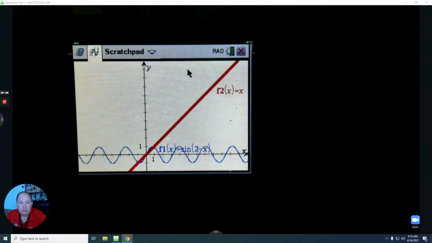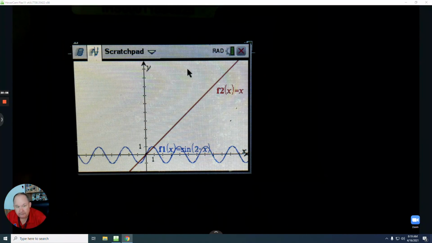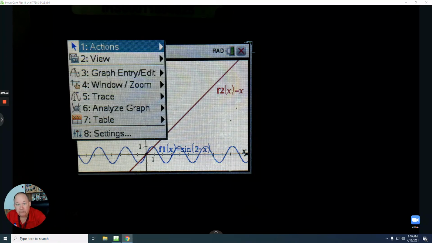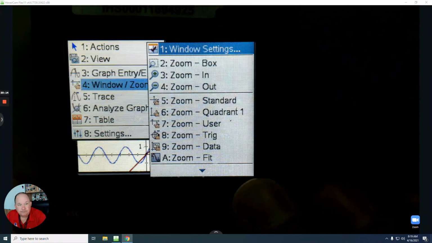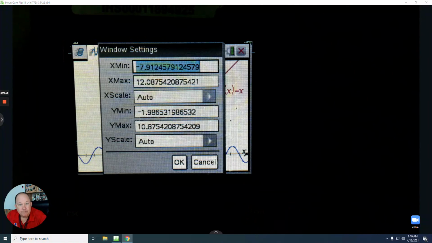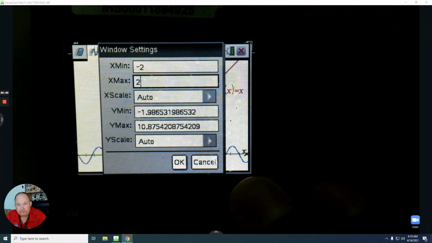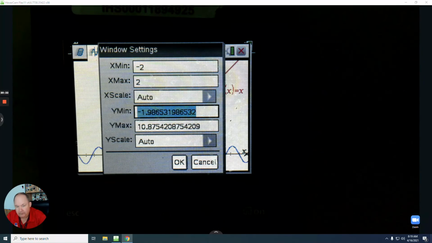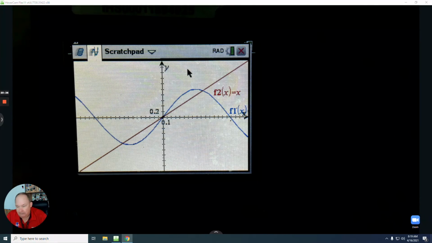Notice my window is way off. I'm just going to deal with it. I'm going to change the window so I can see it just a little bit better. And it's just in the first quadrant.